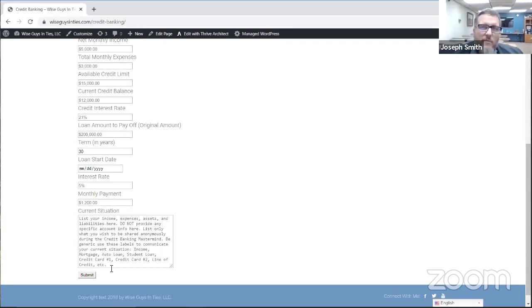Basically, in the time that we have on this call, the goal is for the first 20, maybe even as much as 30 minutes of the call, we're going to spend on training. And then the last half of the call, we're really going to go into looking at somebody's numbers and talk about how we would implement credit banking strategies utilizing somebody's numbers.